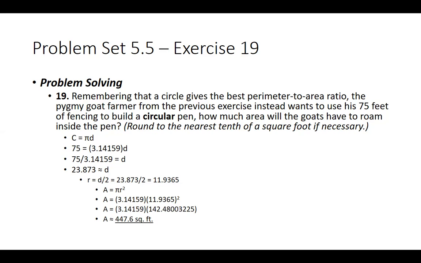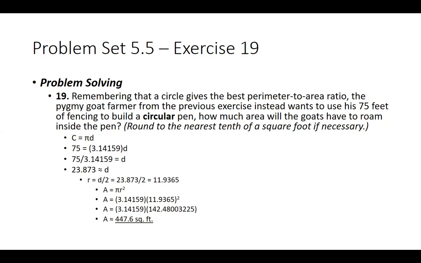To find area, we need the radius, so we need to divide the diameter by 2. The radius then would be 23.873 divided by 2, or 11.9365. Plug that into the area formula, pi times the radius squared. Area would be 3.14159 times the square of 11.9365.